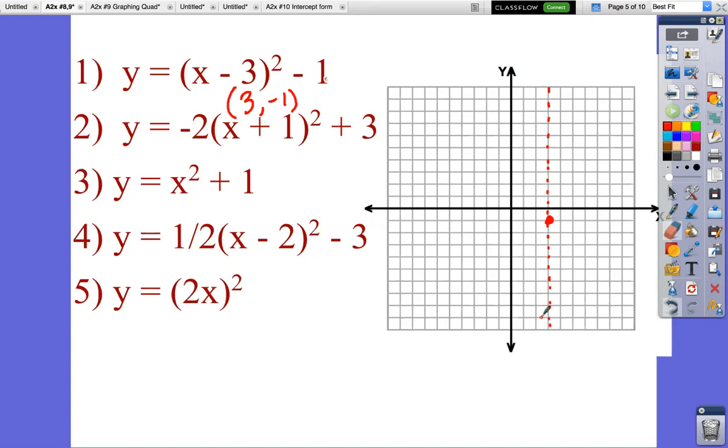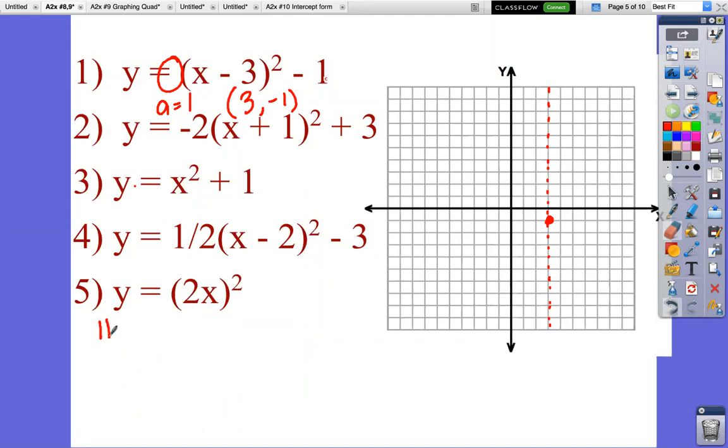Instead of making the table, and my A value here, what's my A value? 1. Is 1. So the best way to do this is actually to make a little equation. Now, when I say make a little equation, we're talking about horizontal steps, right? So the first thing we did was plug in how many horizontal steps from the vertex we took.